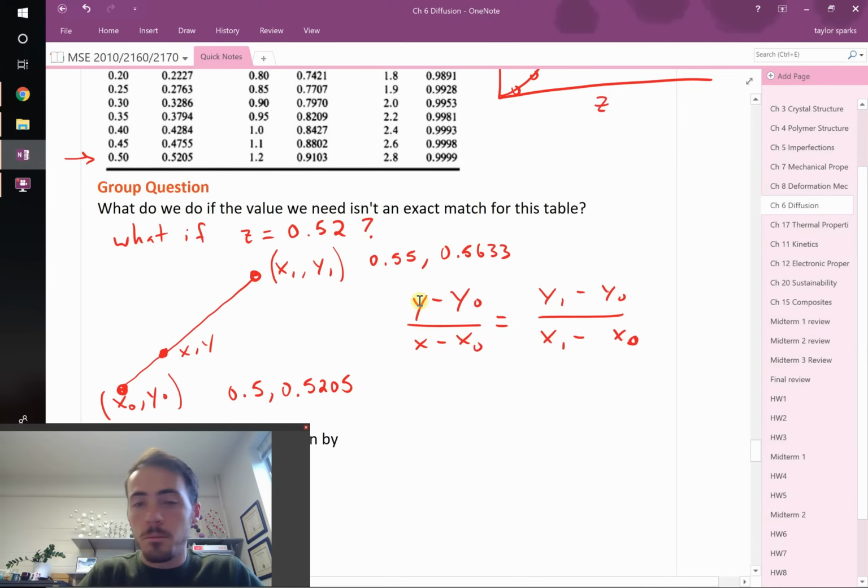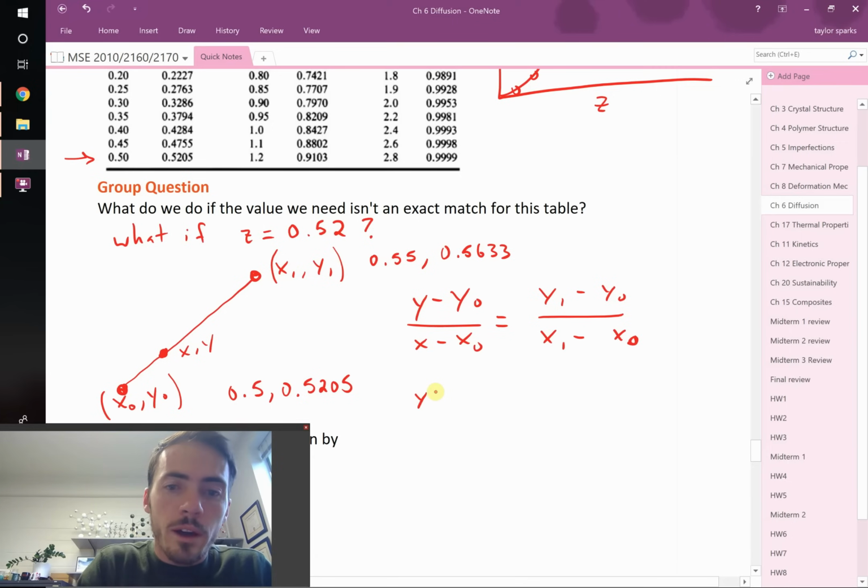So let's plug it in. We would say that y minus y naught, that's the error function value below it, so 0.5205, divided by 0.52, that's our z value, minus the value below it, which is 0.5.